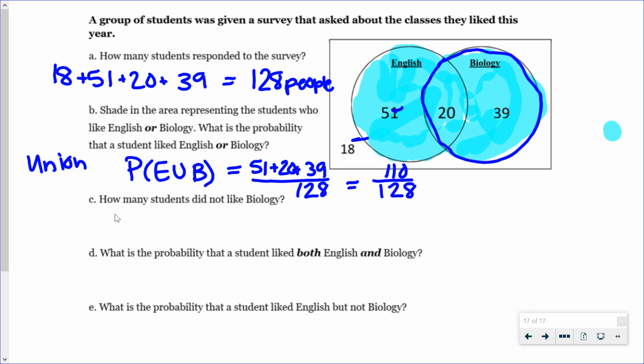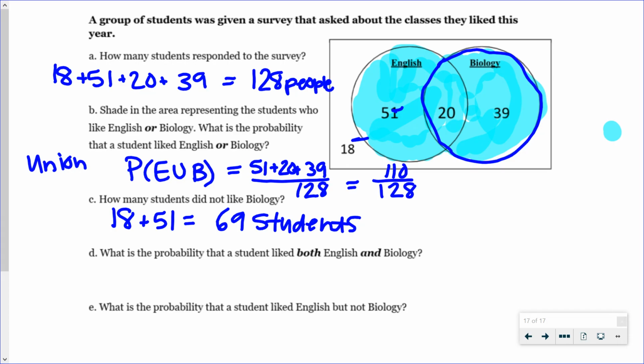So I'm going to add those two together. 18 plus 51 is equal to 69 students. Again, it's important we're putting our units on to signify whether I'm finding a probability or talking about a number of people. And in this case, it's asking about how many students, so I write the units student.